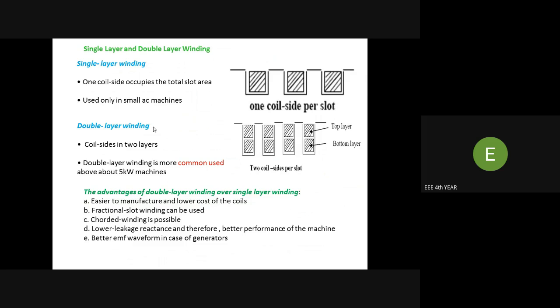Fractional slot windings can be used. Chorded winding is possible. Lower leakage reactance. Better performance of the machine. Better EMF waveform in case of generators. These are the advantages of double layer winding over single layer winding. So double layer winding is only applicable for higher rating machines.